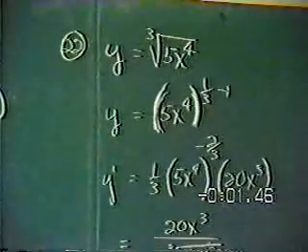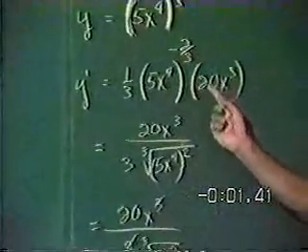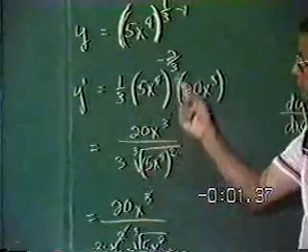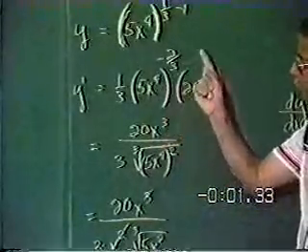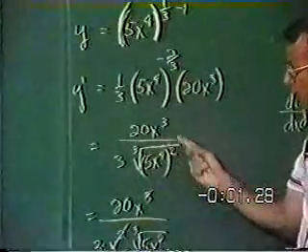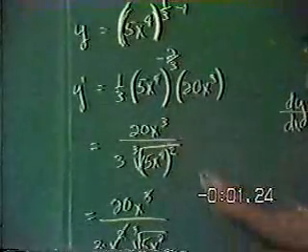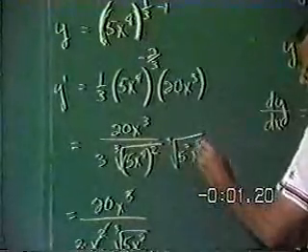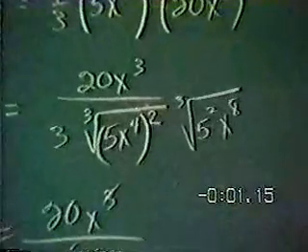And the rest of it is arithmetic. Let's go through this. I have 20x cubed on top. The 3 is on the bottom. This moves down and makes this 5x to the 4th squared cube root. Cube root of 5x to the 4th squared. Well, that is the cube root of 5 squared x to the 8th. Okay.